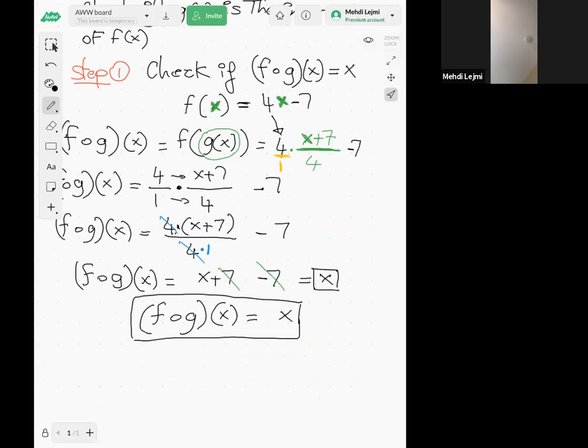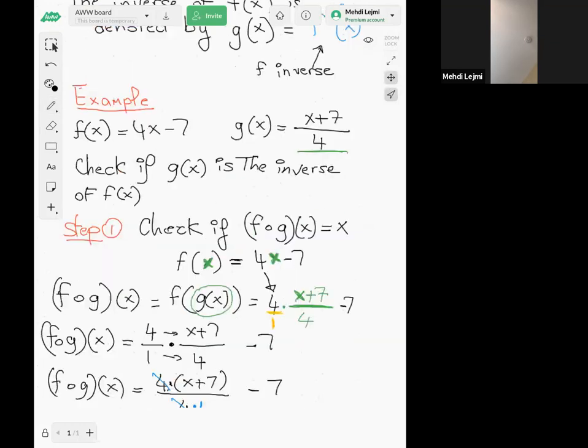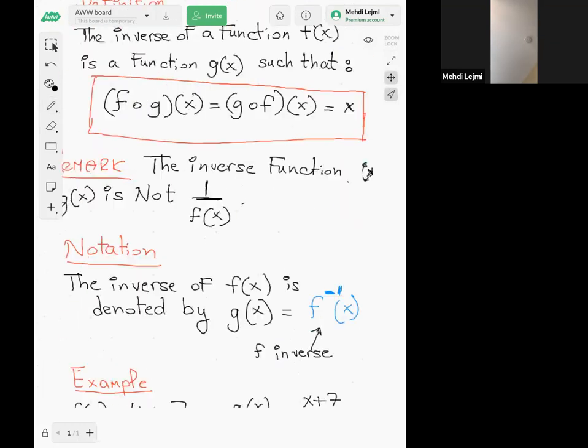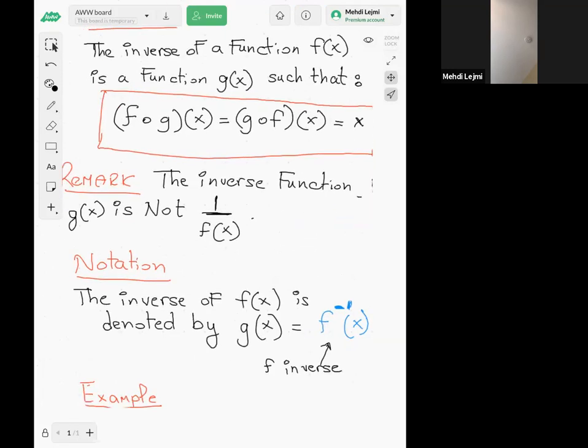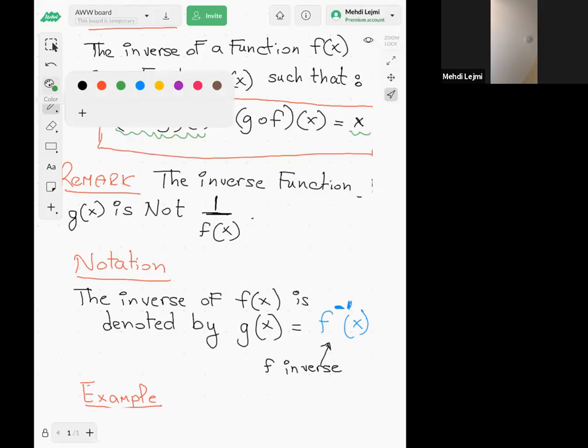And that's exactly the first part of the definition of the inverse. If you check again the definition of inverse function, guys, I need my f composed with g to be equal to x, right? So that's the first part. Then the second part, we have to check that g composed with f is equal to x.